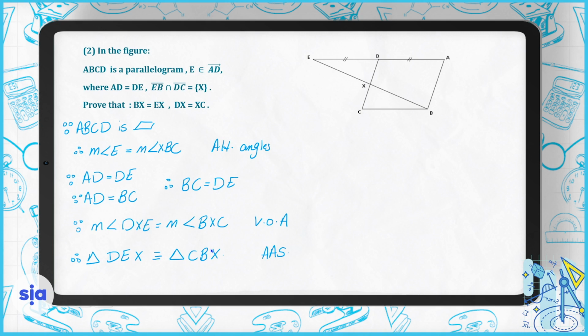Depending on this congruency, we can easily say that BX is equal to EX and also DX is equal to XC. And this is what the question wants me to prove.